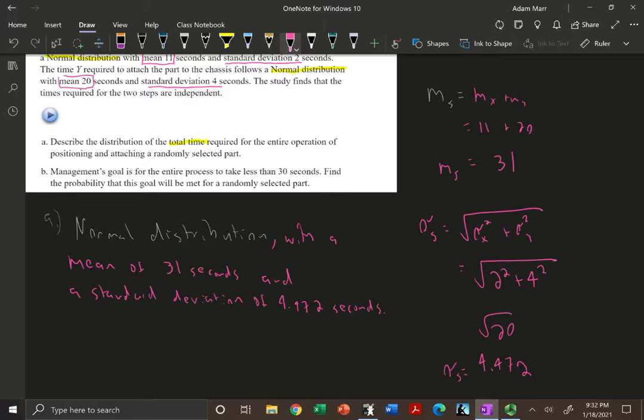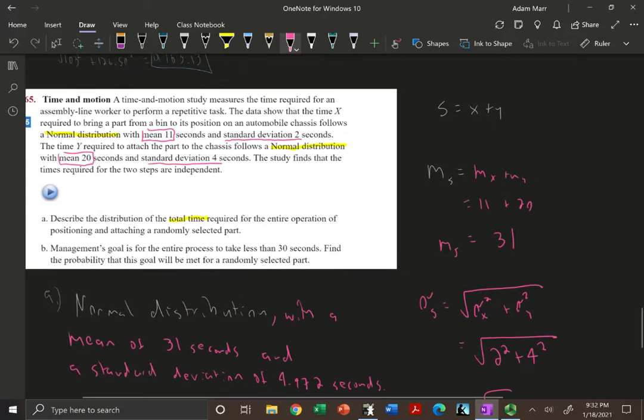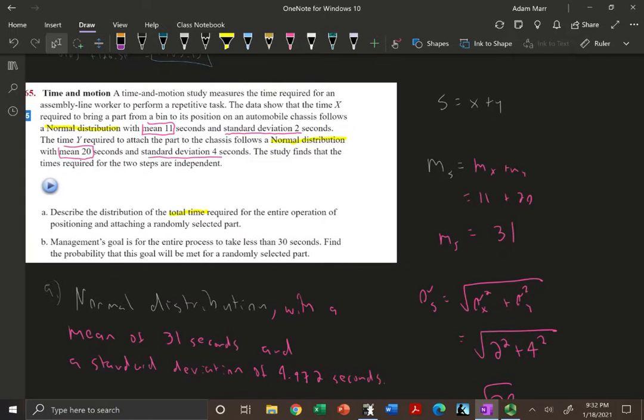Okay, and if we had to give context, which they didn't say we did, we're talking about bringing a part from a bin to its position on an automobile chassis and attaching the part to the chassis.